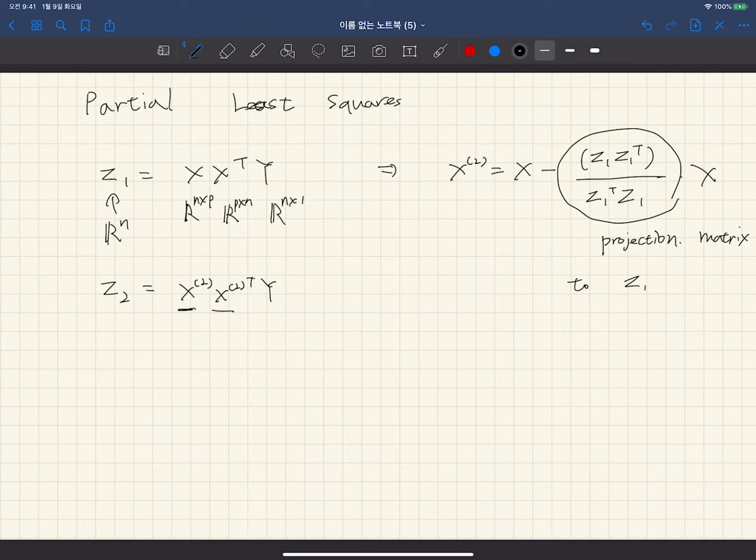Okay, so basically this is equal to the identity matrix minus this projection matrix times your input matrix X. Then what is the identity minus projection matrix? It is another projection matrix which is orthogonal to the original projection matrix.